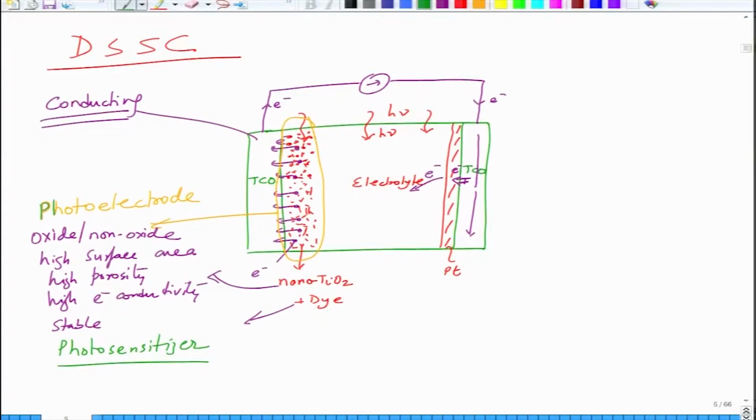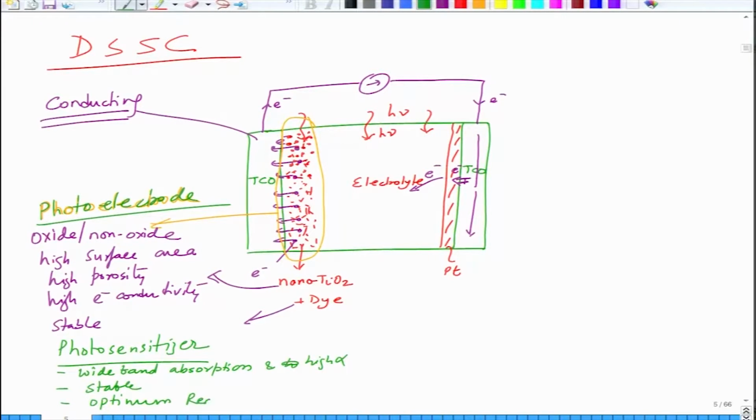This is the photoelectrode. The photosensitizer should have good absorption, wide band absorption, and high alpha. It should be stable, and then it should have optimum redox potential.